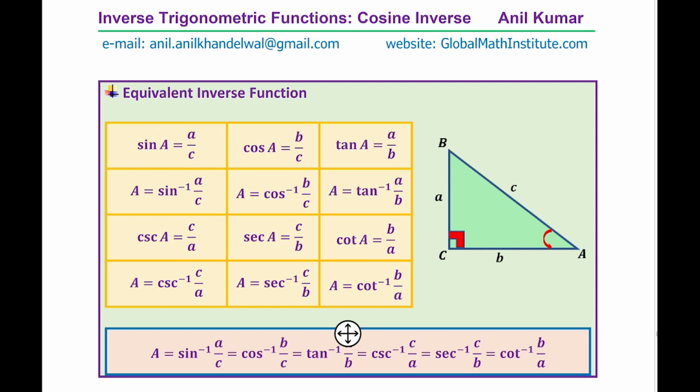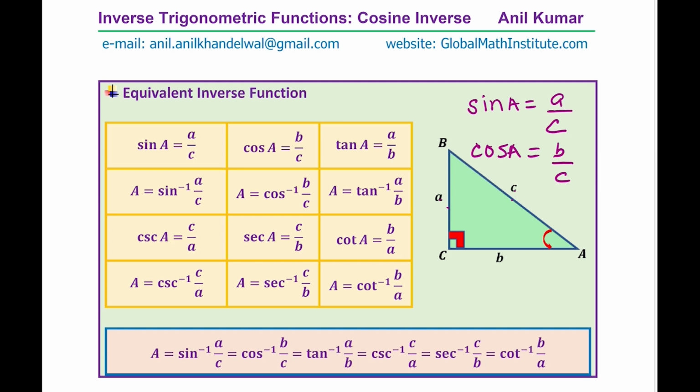Sine A is the opposite side a over the hypotenuse c, correct? So we see that sine of A is basically equal to a over c, correct? And what is cos of A? Well, cos of A is equal to b over c.